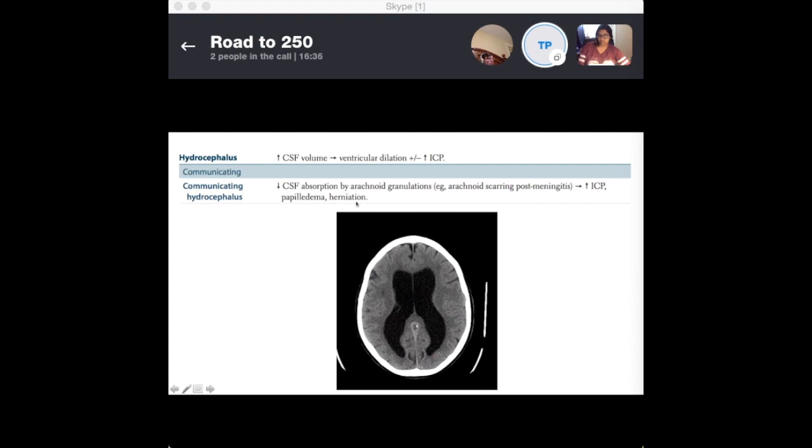And because there is decreased absorption, there's going to be increased intracranial pressure, and that can manifest as papilledema or herniation in the brain.